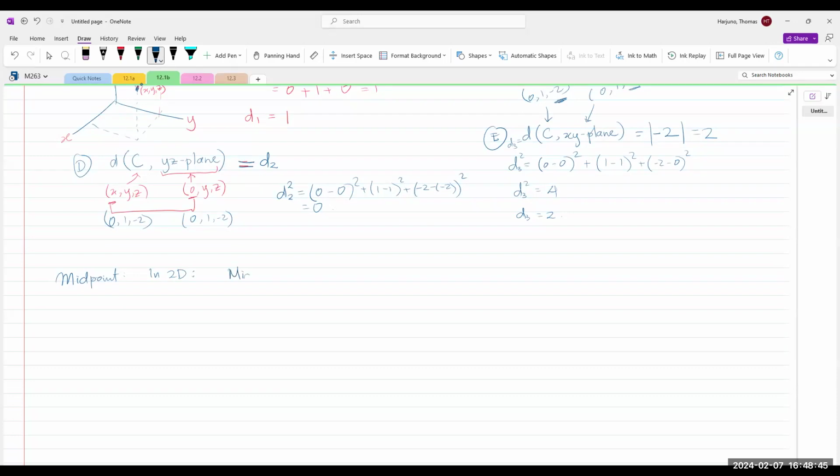The midpoint of coordinates x1, y1 and x2, y2 is given by the coordinate midpoint for the x's and midpoint for the y's.